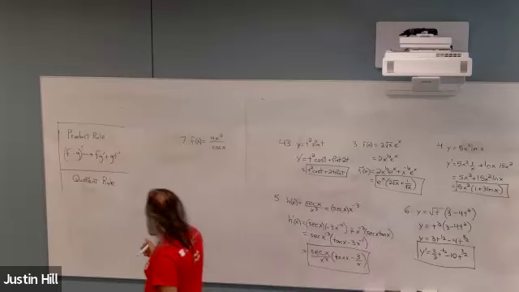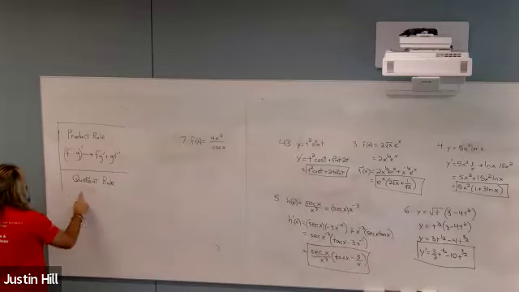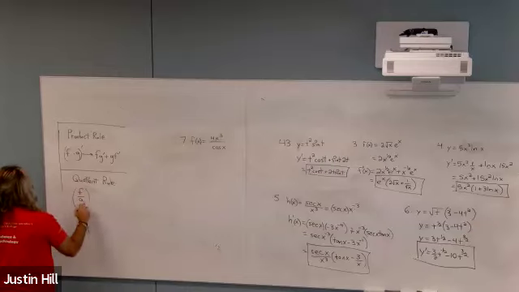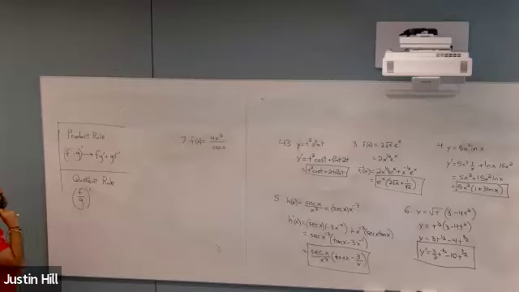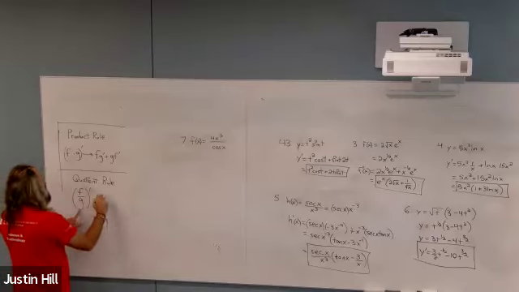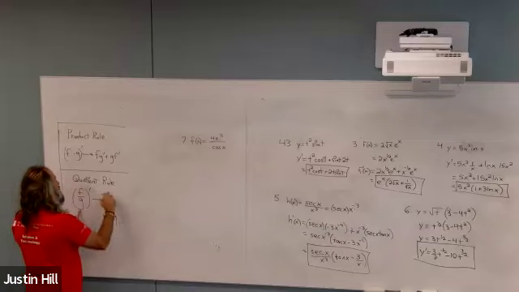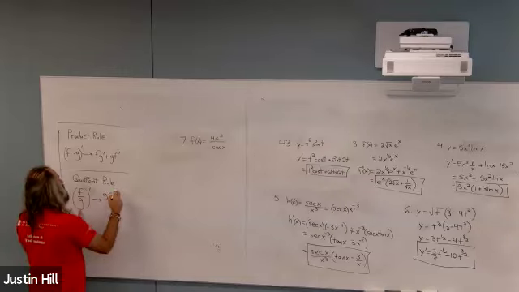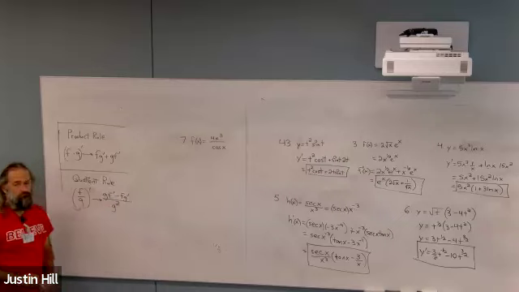So what they found is if you have one function divided by another, and I want to take the derivative of that, I take the second function, the bottom function, multiply it by the derivative of the first, minus first times the derivative of the second. You're gonna divide this all by the second function, the bottom function, squared.